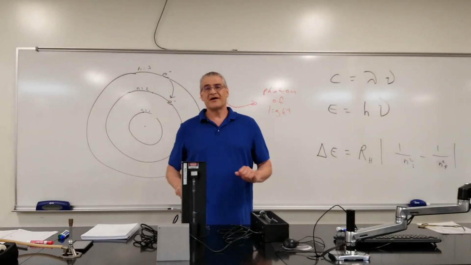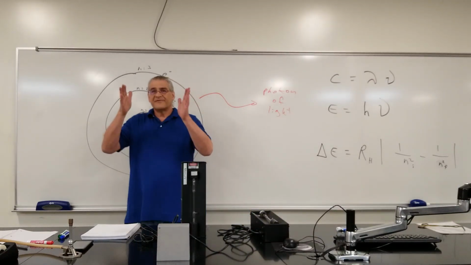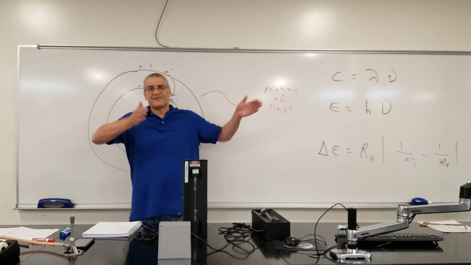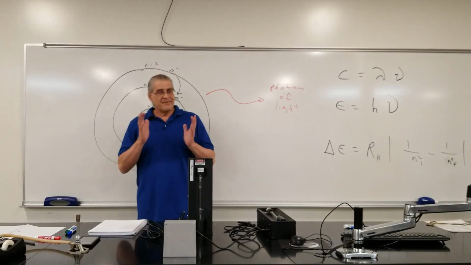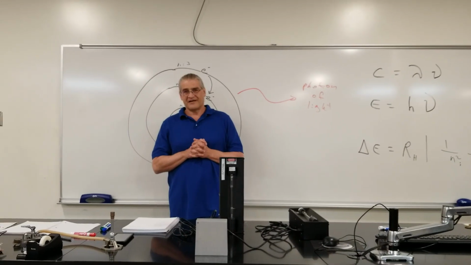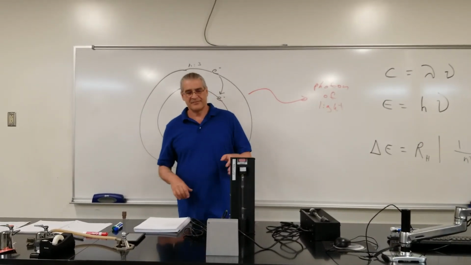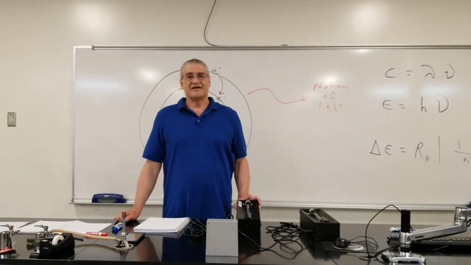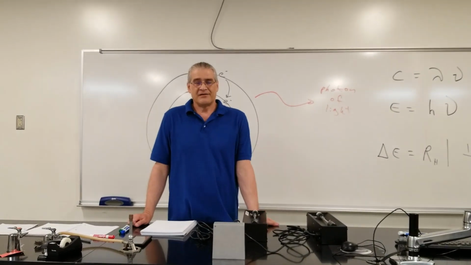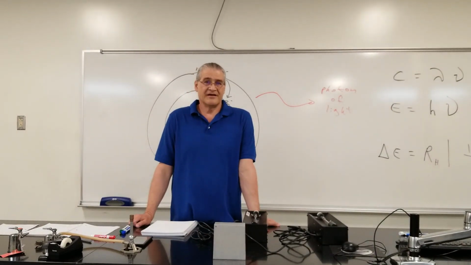Each element on the periodic table will give you a slightly different set of lines for line spectra. Based on that, you can identify the element. So the second portion of this experiment has to do with identifying elements by doing flame tests and looking at the colors that you get off of the flames.